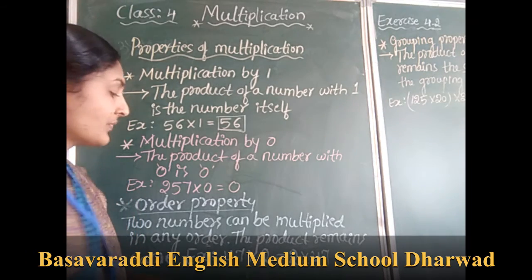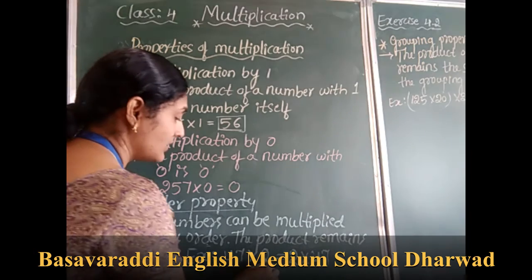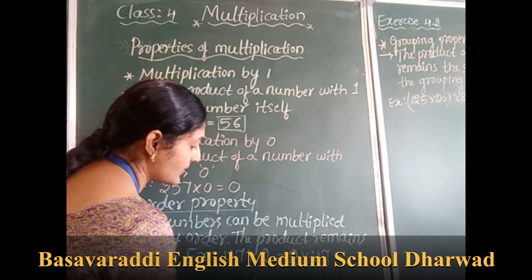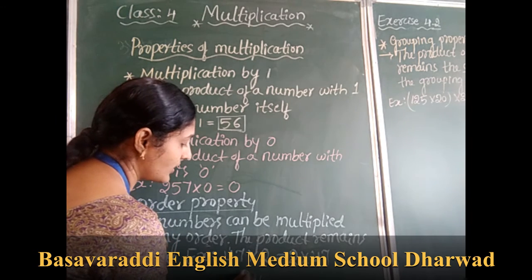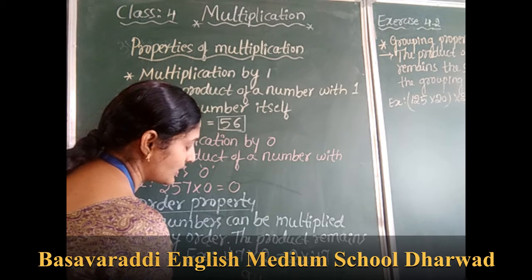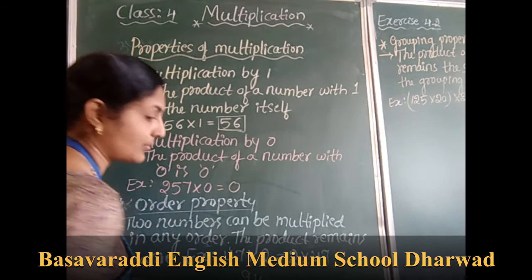So what is the product? 2 sevens are 14, so 1 carry over. 2 fours are 8, 8 plus 1 is 9. The product is 94.